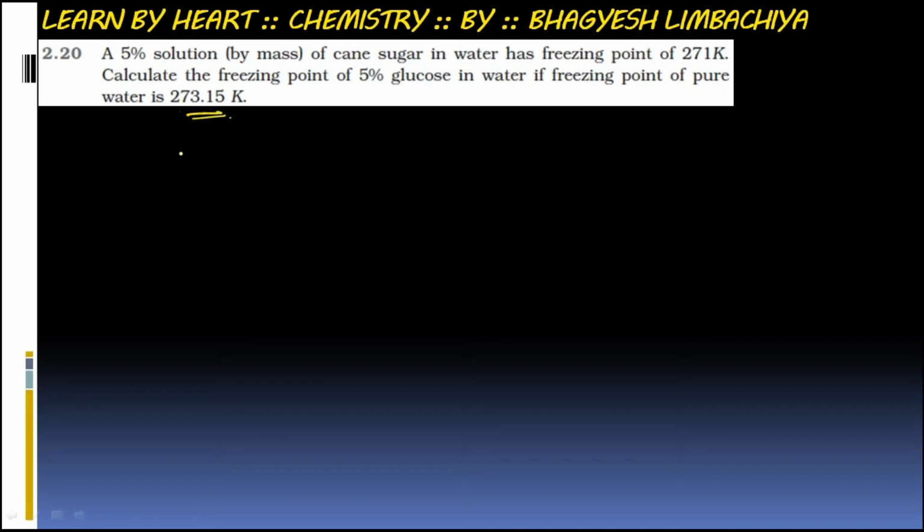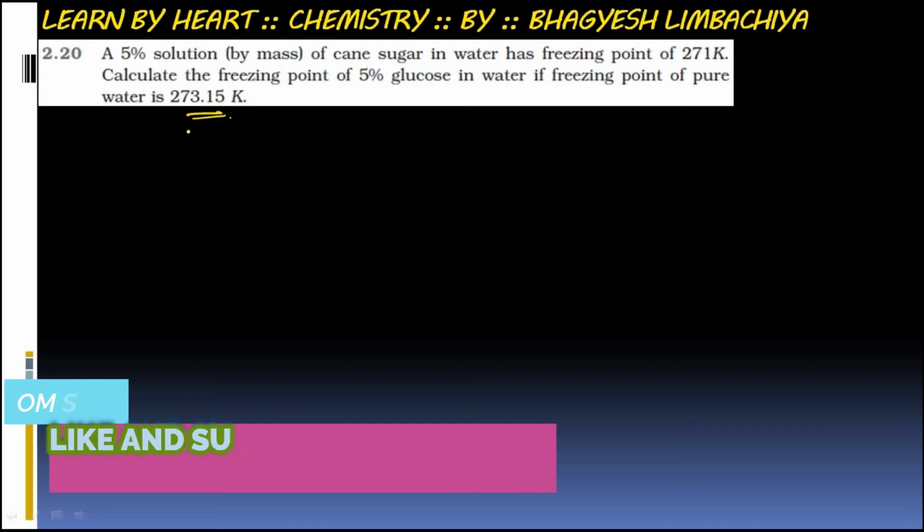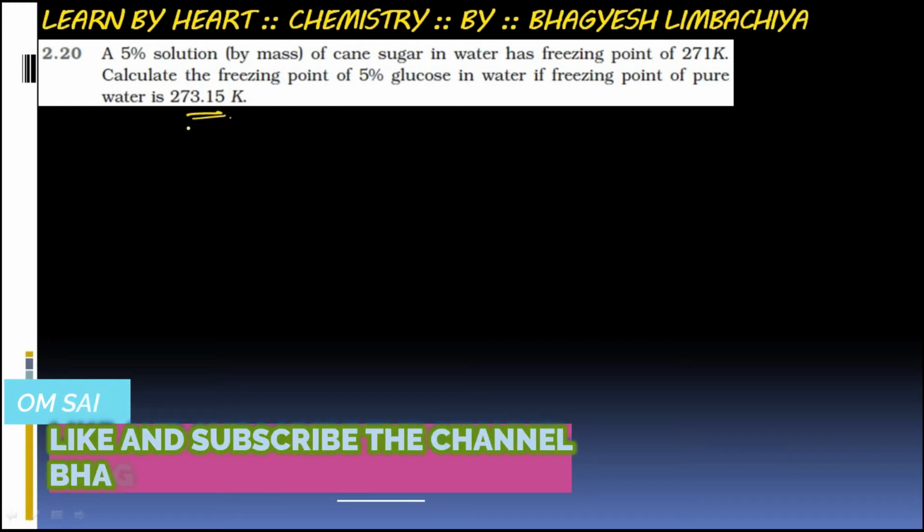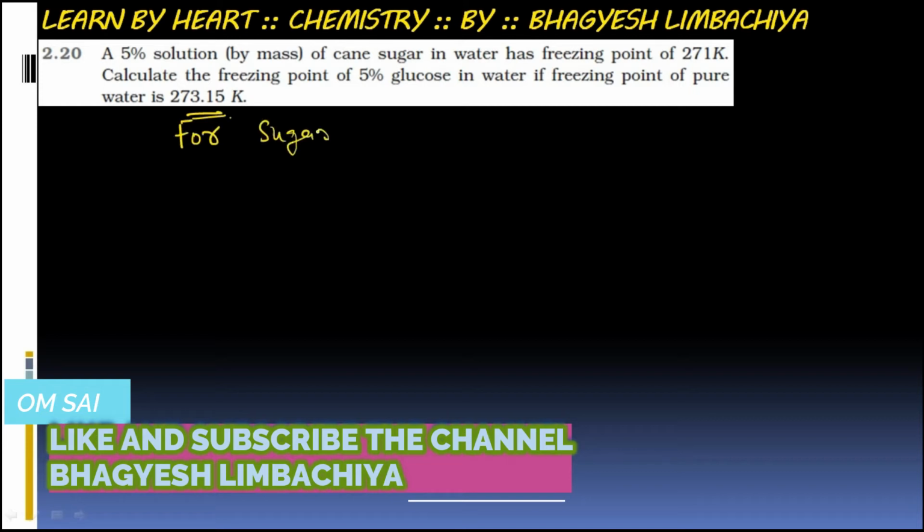So you are given the T0F and 5% cane sugar and 5% glucose. Two solutions are given to you. So here we will write for sugar, and another side for glucose.